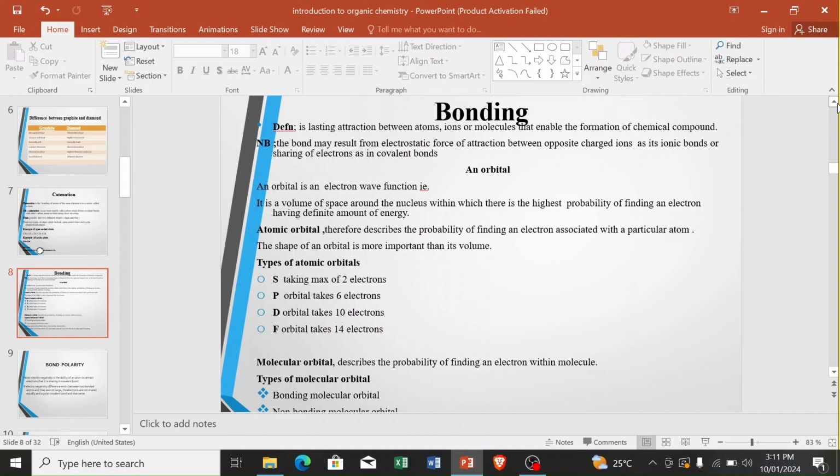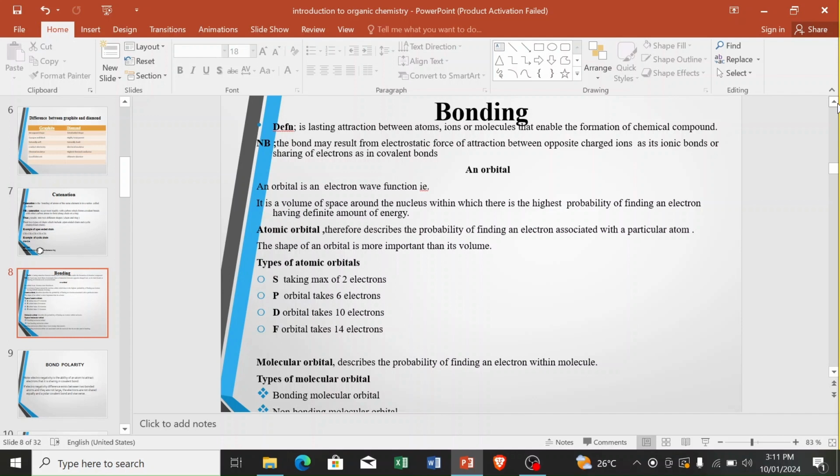Atomic orbitals, therefore, describe the probability of finding an electron associated with a particular atom. The shape of an orbital is more important than its volume, and there are different properties that come about as a result of the size of the atom, and that's why it is really important to know the shape and the size of the atom.